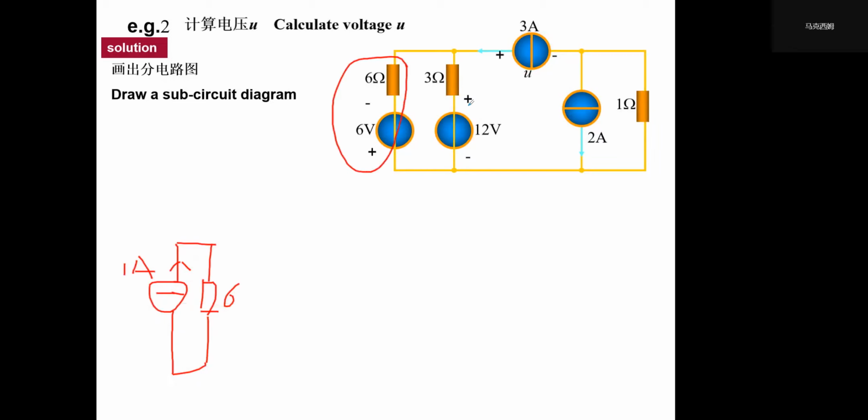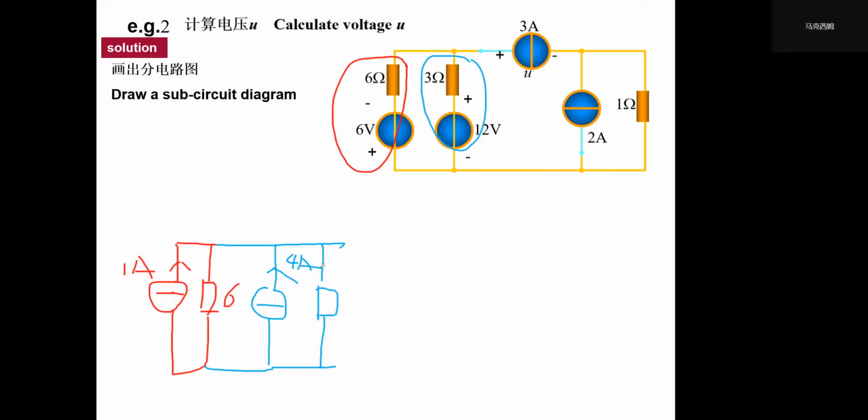And in the second branch, 12 over 3 is 4 ampere, and we have 3 ohm here.